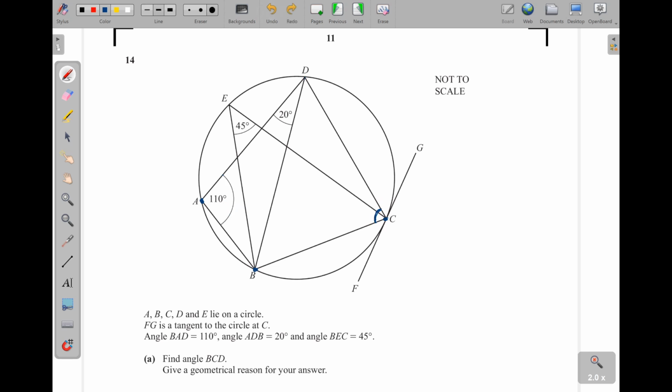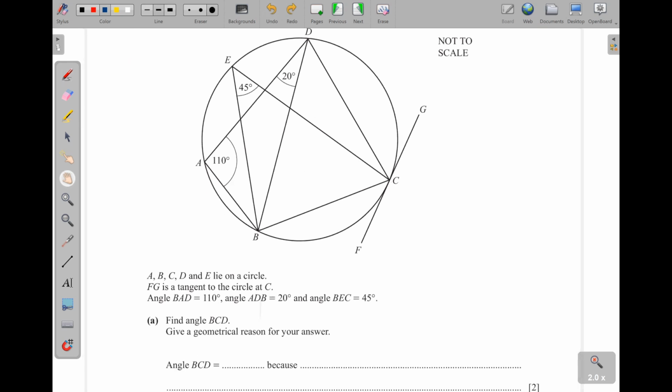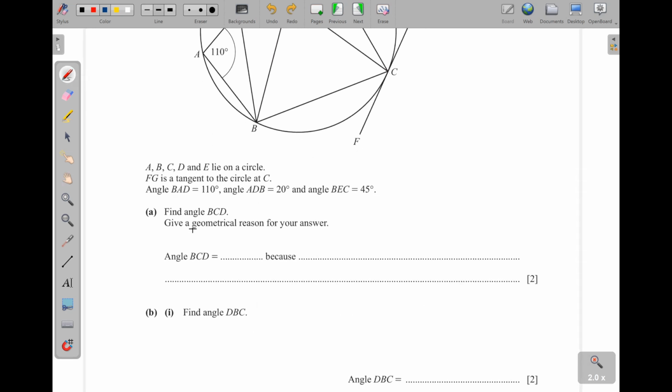So I will say that angle BCD is equal to 180 minus 110, which gives us 70 degrees, because then I say angles, not just angles actually, opposite angles.